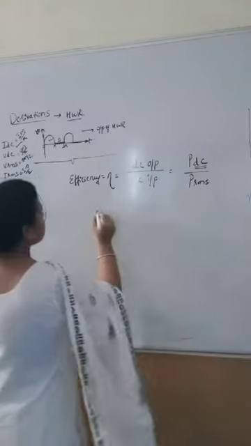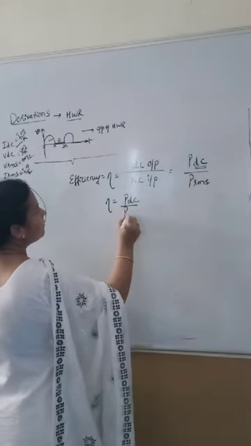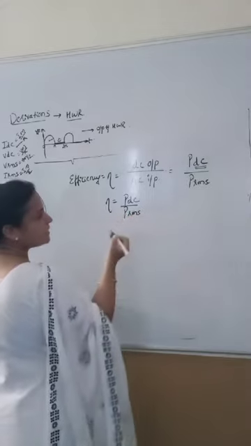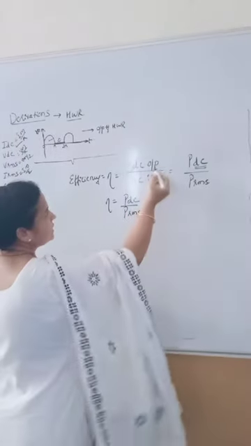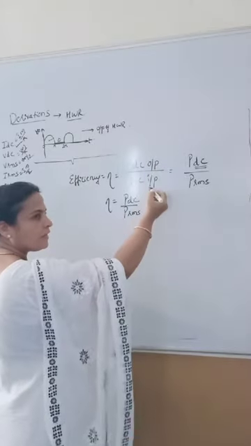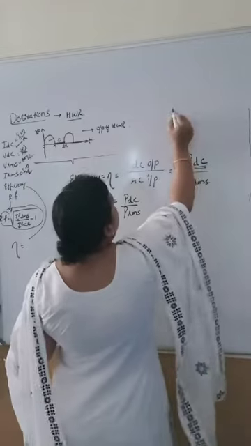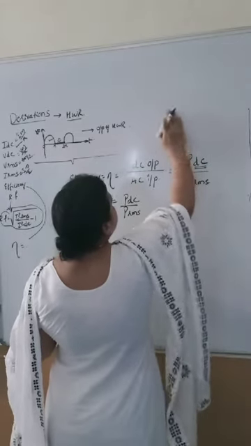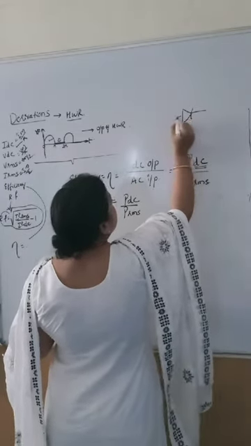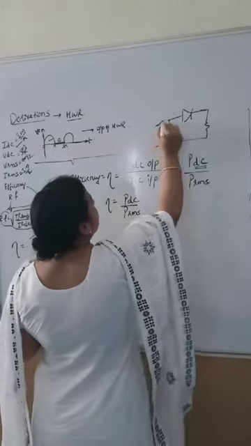Now, eta is PDC divided by PRMS. It is nothing but DC output divided by AC input. If you consider the half wave rectifier, this was our half wave rectifier.